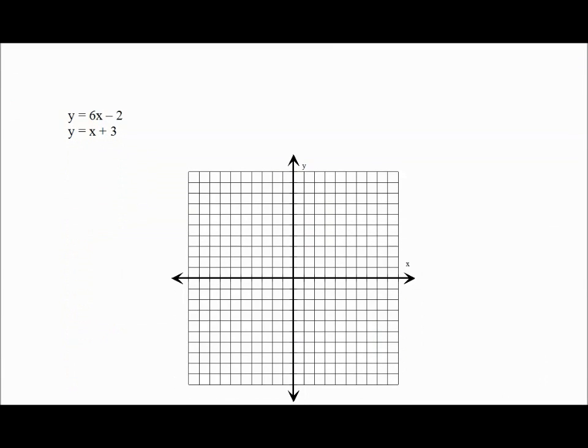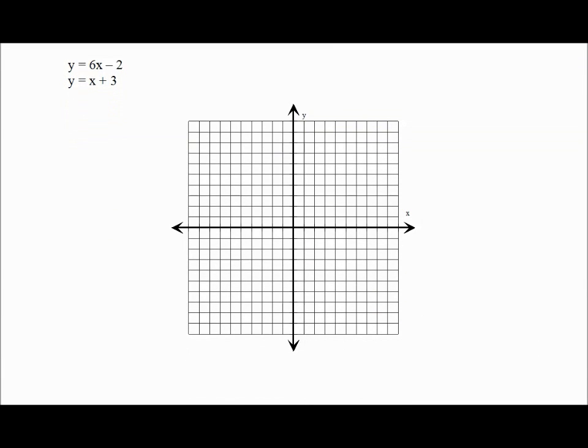Now this one kind of worked out pretty good for us because both equations are already in slope-intercept form. So that's just one step we don't have to worry about doing. My first equation is y equals 6x minus 2. My y-intercept in this case is -2. And my slope is 6. Once again, I'm going to write it as a fraction. I'll put 6/1.